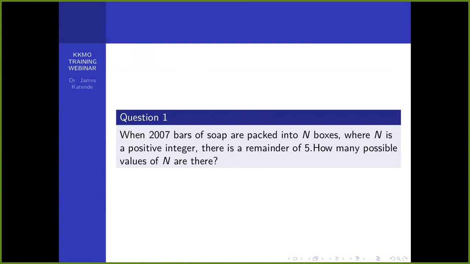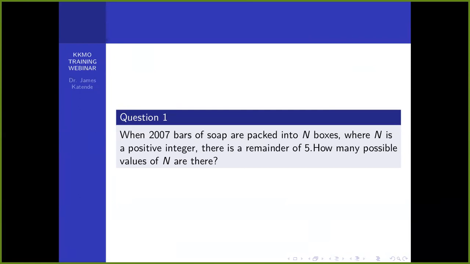This one was a bit easy since initially I factored it out, I got 1001 times 2. Then of course 1001 is divisible by 11, so it was quite smooth there. So there are 4 prime factors, each raised to the first power.